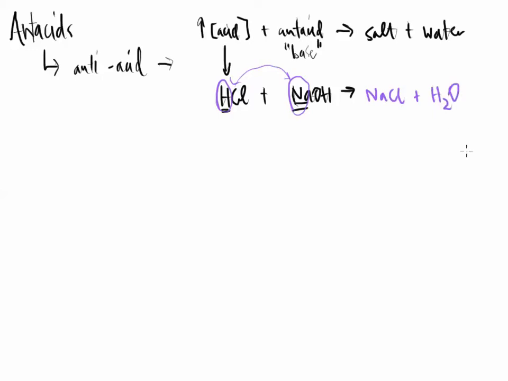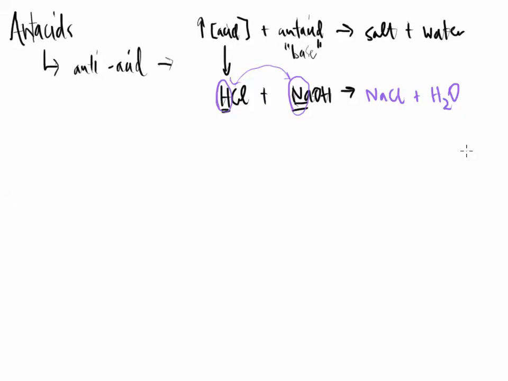So this is what happens when you take a Tums, a Rolaids, drink milk of magnesia, whatever kind of pill or tablet or liquid that you drink when you get an upset stomach due to acid indigestion maybe. This is the chemistry that's going on inside of your stomach when you take that ailment or that medication.